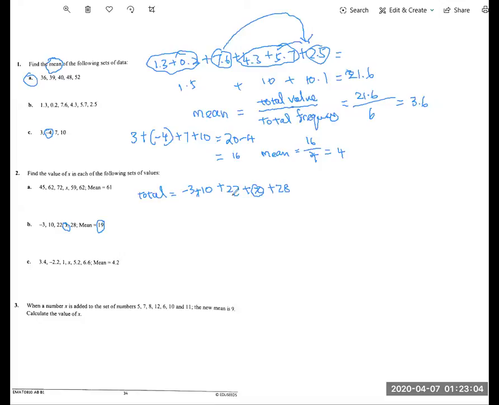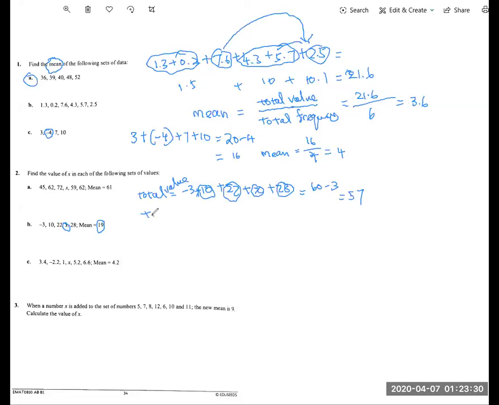Let's add or subtract all these together. 28 plus 22 gives you 50, plus 10 gives you 60. 60 minus these 3 here gives you 57. That's the total value.